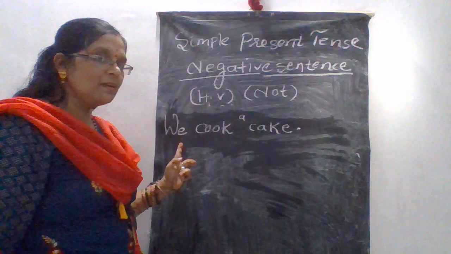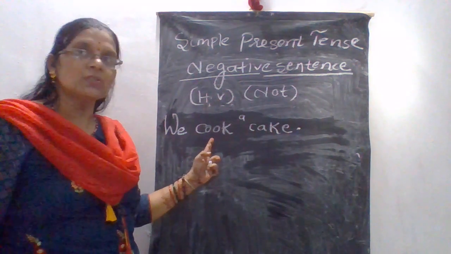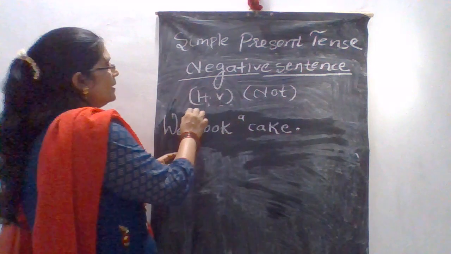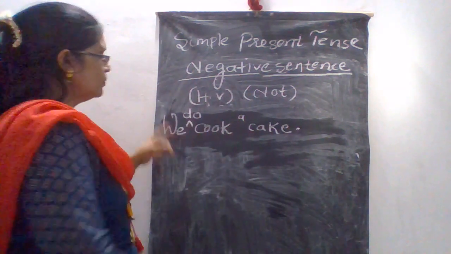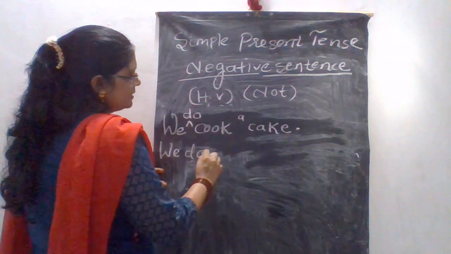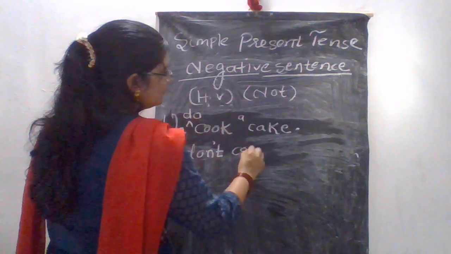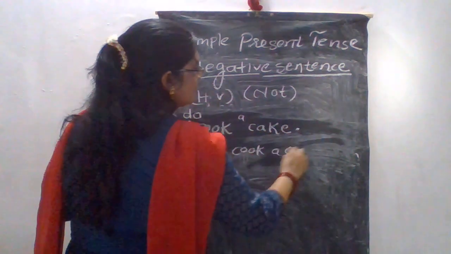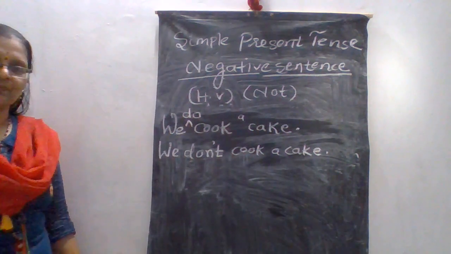The subject is plural, and in the verb there is no s or es, as we learned. So definitely the helping verb is do. What is the helping verb there? Do. So to make it negative, we can write here don't. We don't cook a cake. Understand?